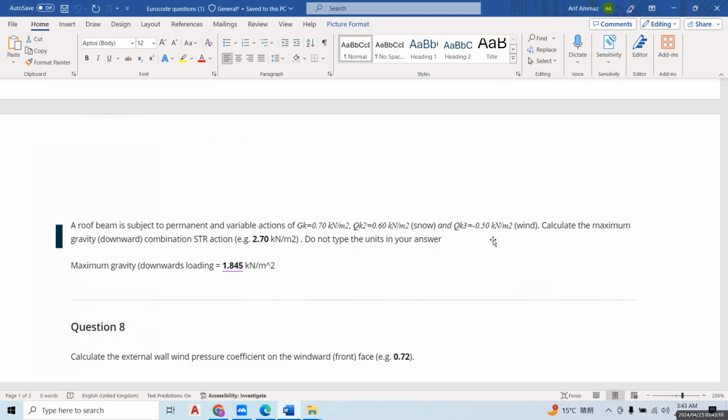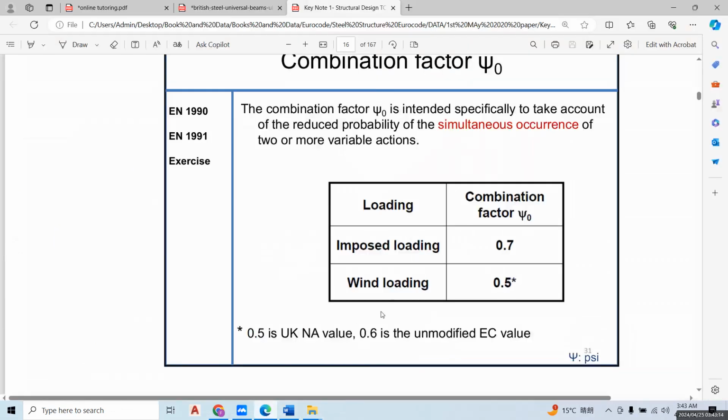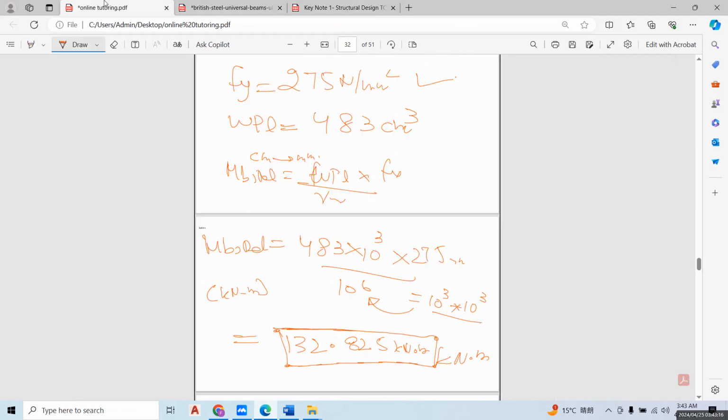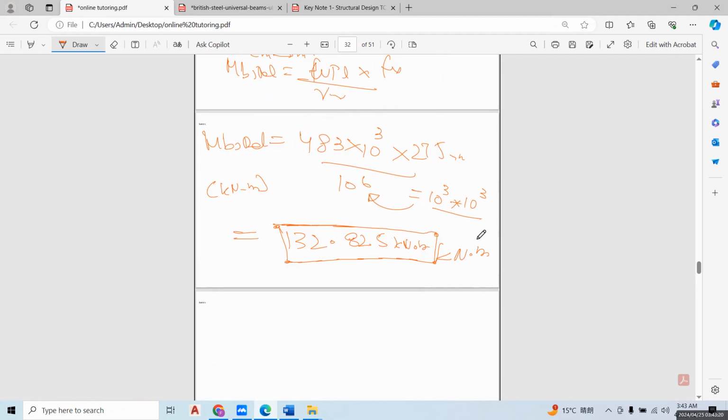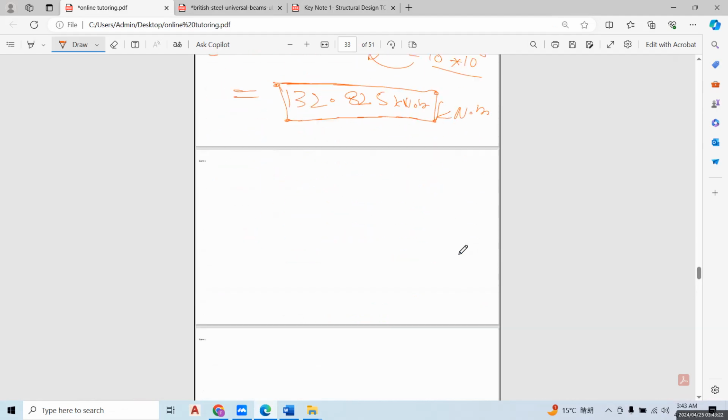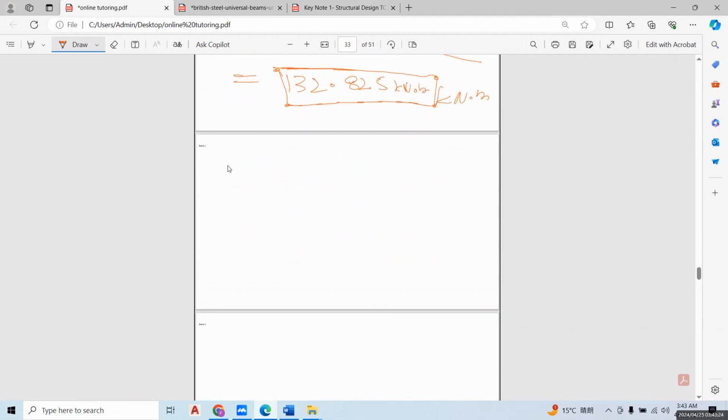Right, could you write it down? That was a lot of numbers to take in. This is the formula: GK plus QK, it has a factor of 0.7 and 0.5 of wind load.